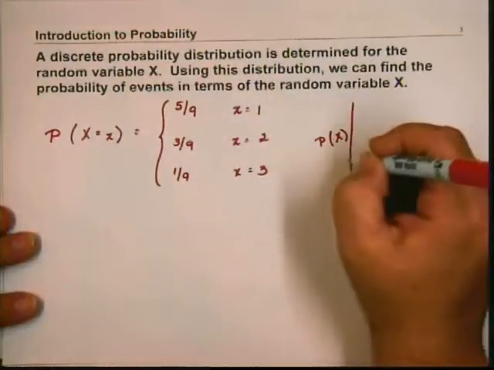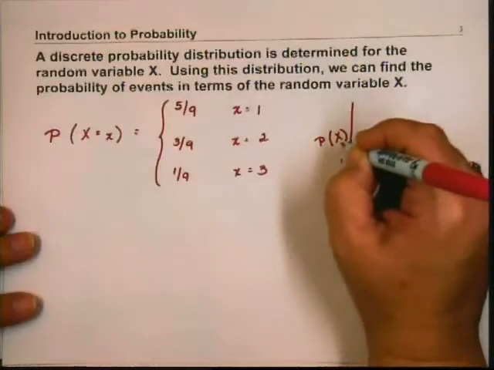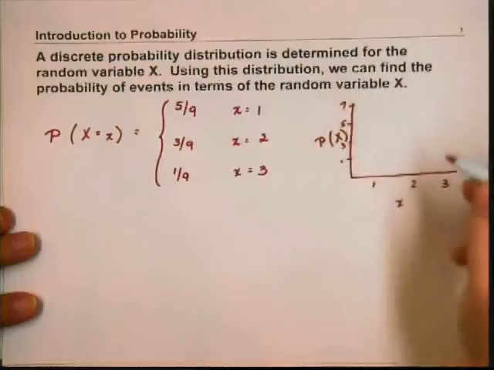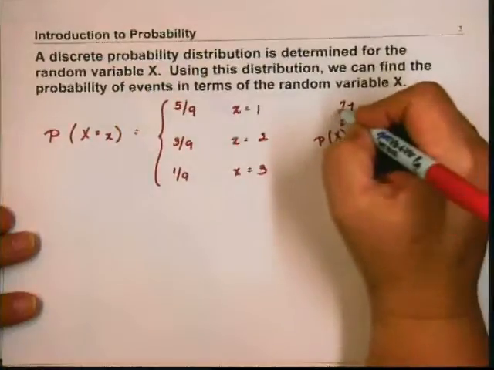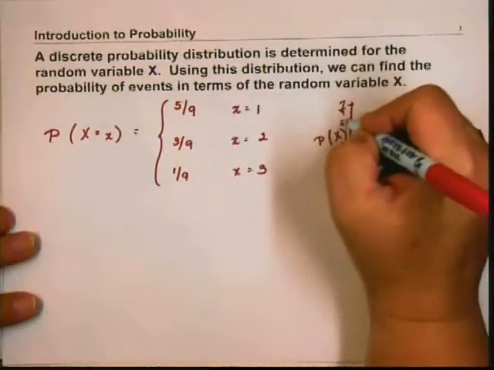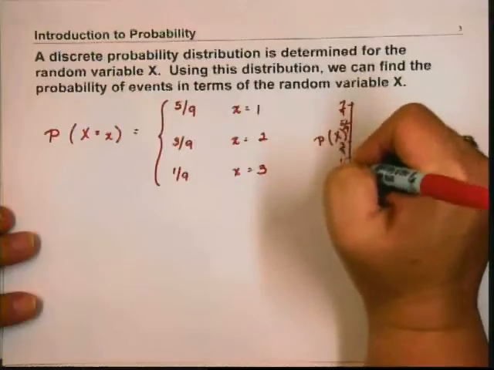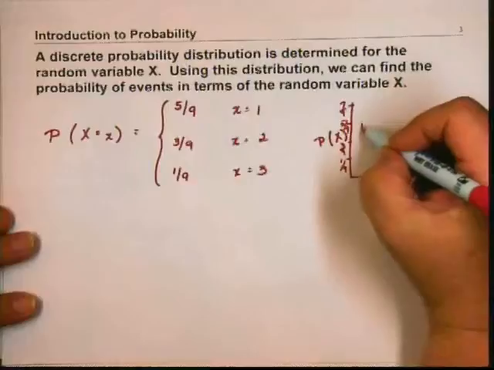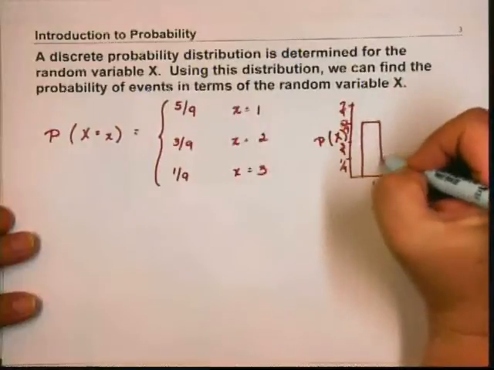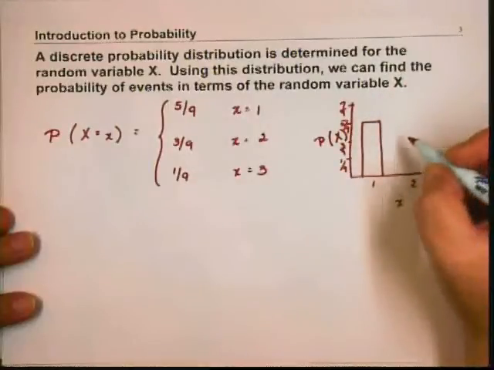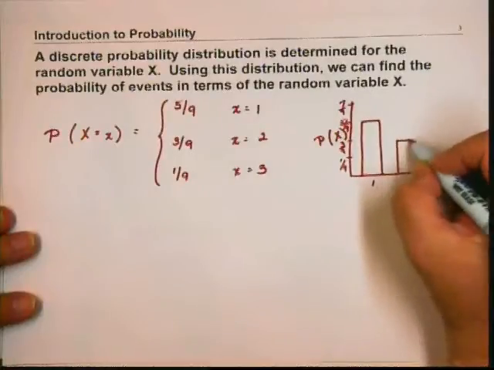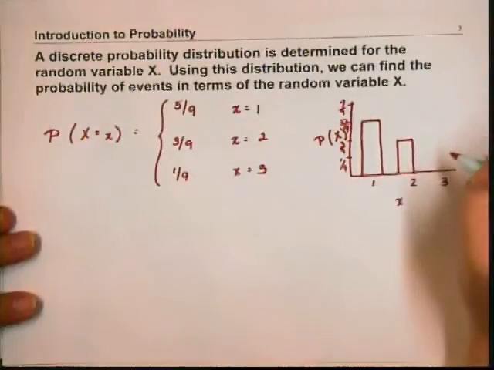All right, so I don't have to convert to decimals. I'll just mark 1, 3, 5, and 7, and ninths on each of those, right? So x equals 1 was 5/9. X equals 2 was 3/9. And x equals 3 was 1/9.